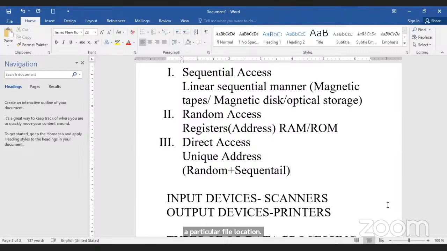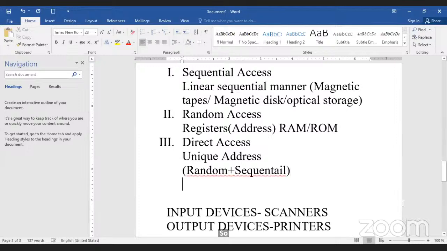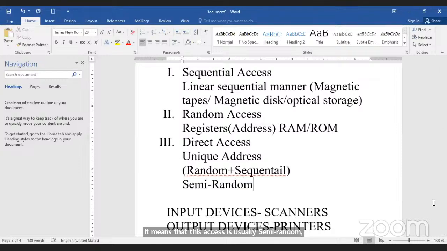It means that this access is usually semi-random.